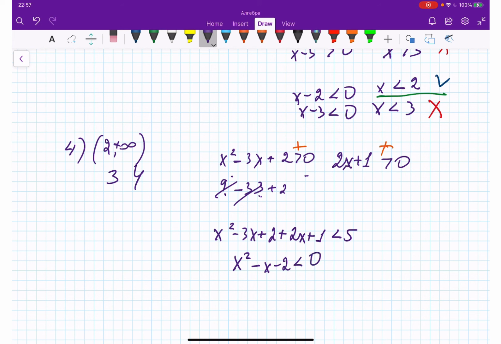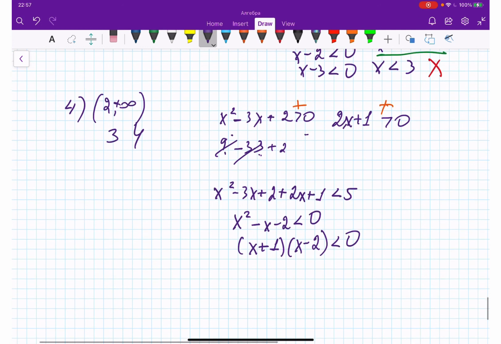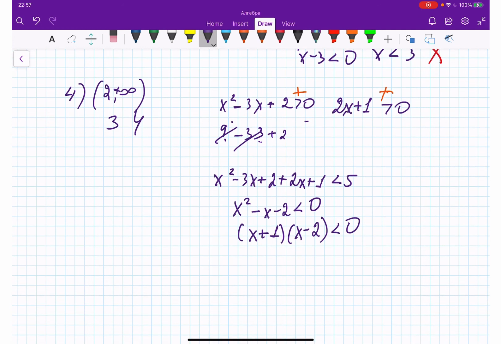From here, we can write x plus 1 times x minus 2 is less than 0. I'll place this factoring at the end of the screen. Okay, so since it's less than 0, what does that mean?